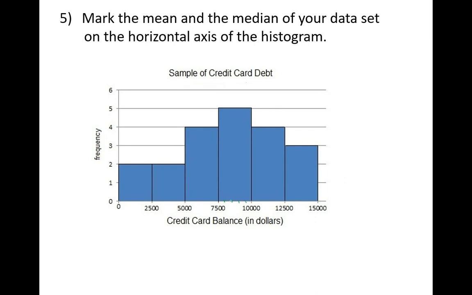So 8,000, 8,500, 9,000, 9,500. So our mean was 7935, and our median was 8,050. They were very close together. There wasn't a big difference between our mean and our median.